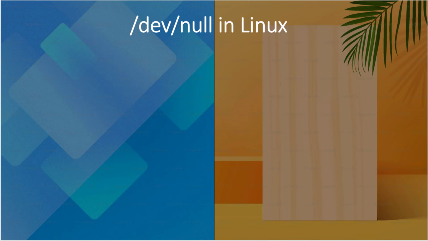Let's start. In Linux, everything looks like a file or directory. It means a text file, config file, devices like printer, storage, drivers, from the Linux perspective are files.